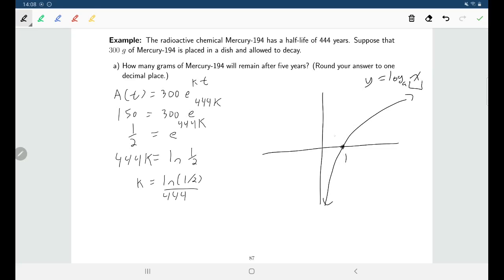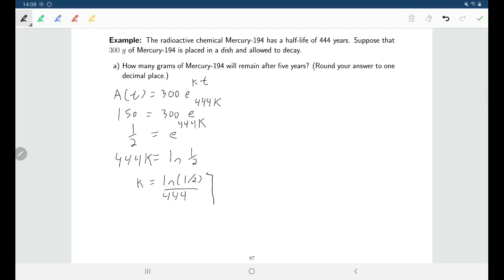And so if what's going inside of your log is something between 0 and 1, then the output would be something negative. And that's what we have here. Natural log of a half, that's a number between 0 and 1 going into a log. That natural log of a half should be something negative, which means k should be some negative number divided by 444, which, again, is a negative number. So, although this might not look like a negative number to you, it is indeed a negative value.